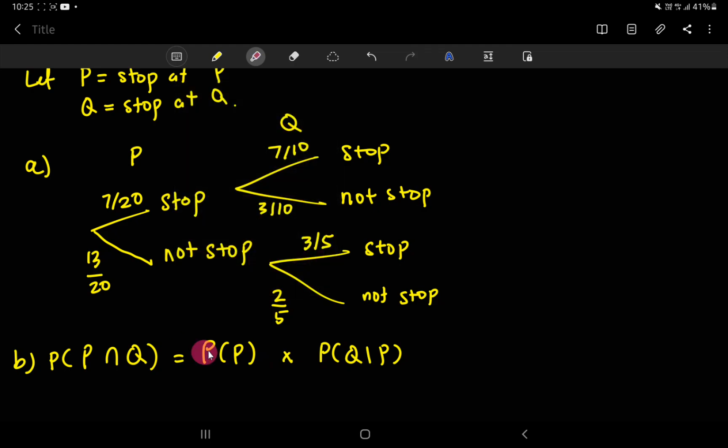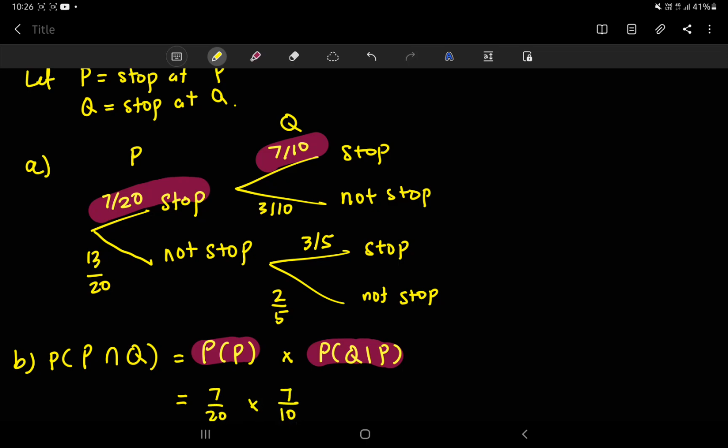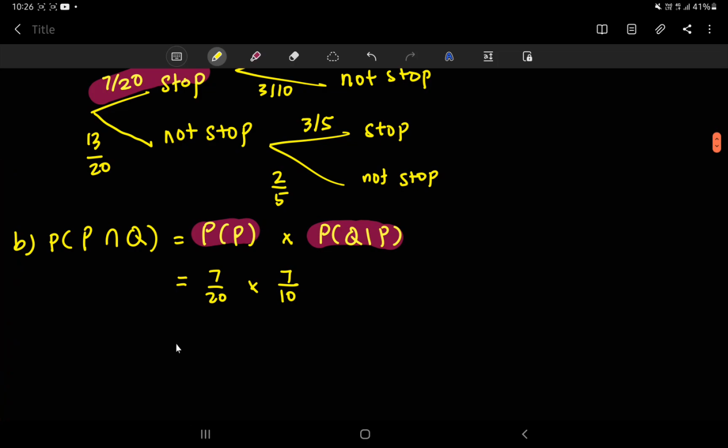The probability of stopping at P is 7/20, and the probability of stopping at Q given he stopped at P is 7/10. So it's 7/20 times 7/10, which is simply 49/200.